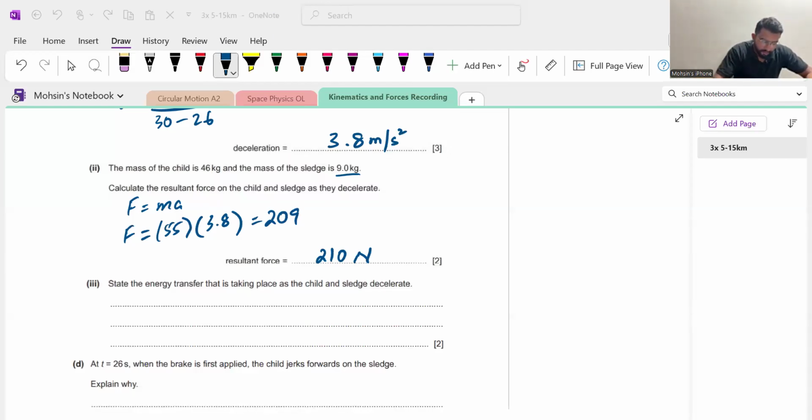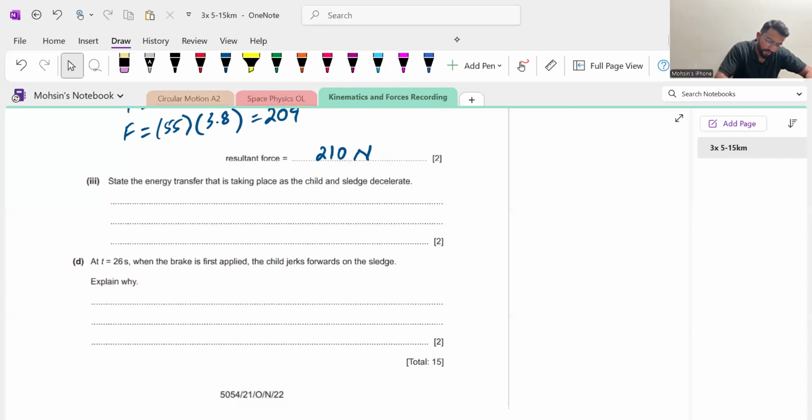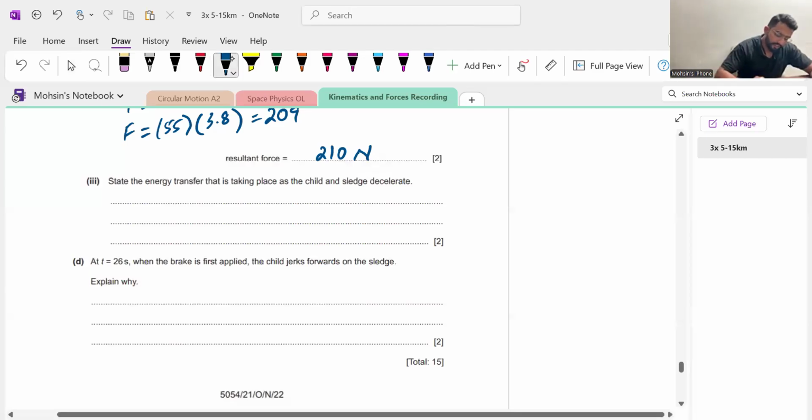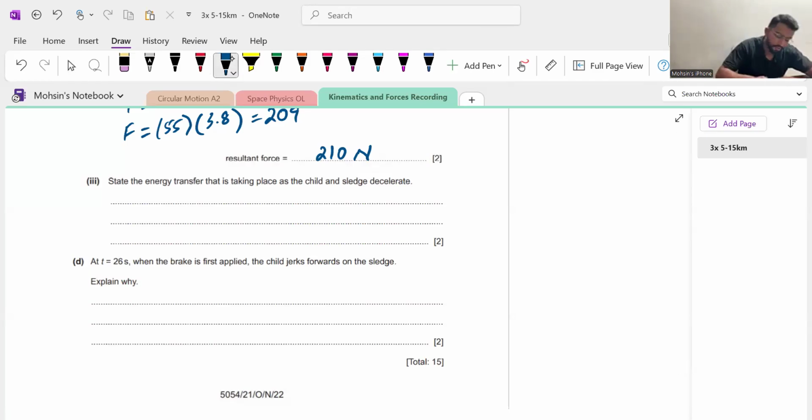State the energy transfer that is taking place as the child and sledge decelerate. So brakes are applied, deceleration is there. So it has some speed and height. So it has both kinetic energy and potential energy.